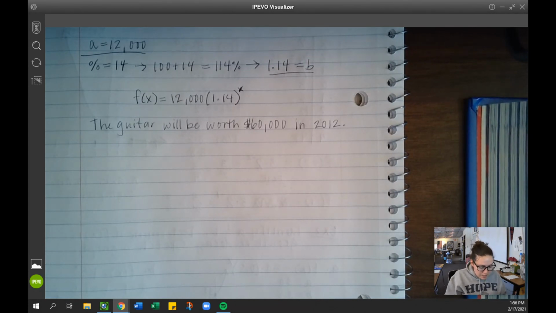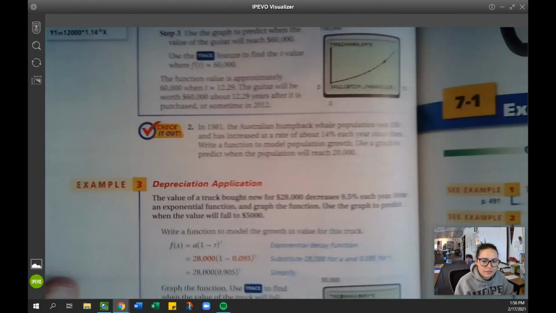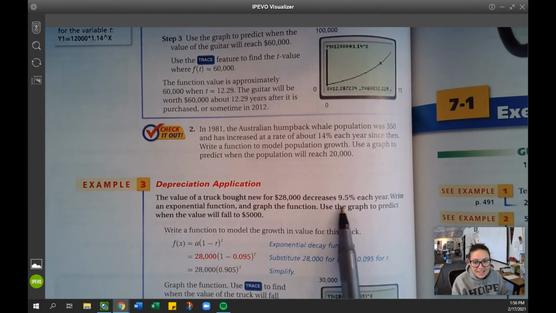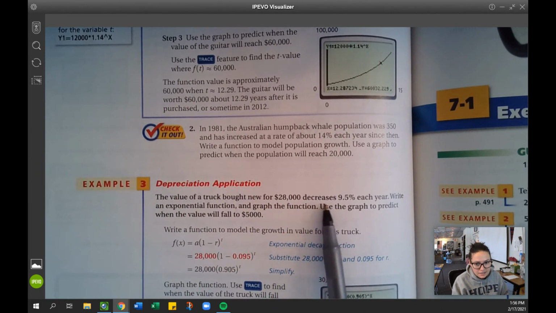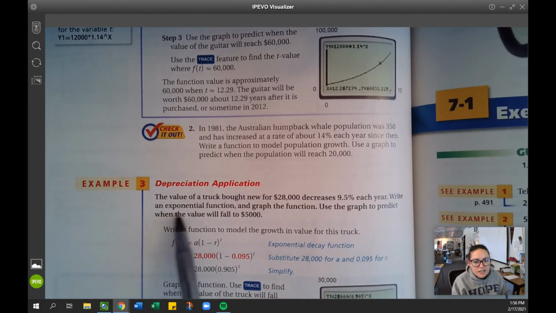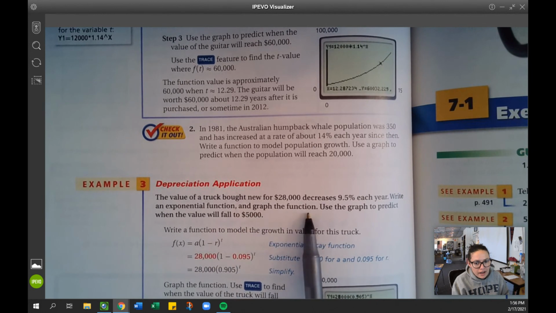Now take a look at example 3 on page 492. The value of a truck bought new for $28,000 decreases 9.5% each year. Write an exponential function and graph the function.